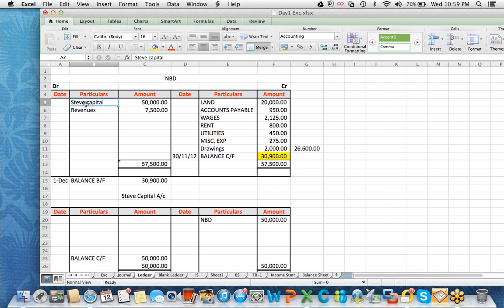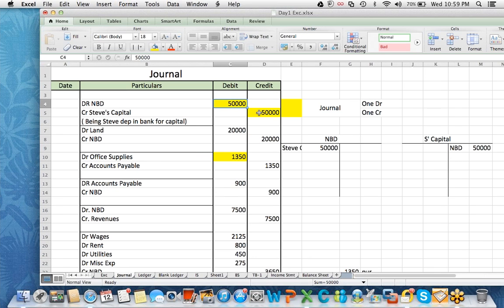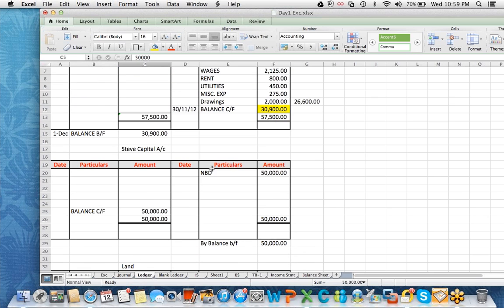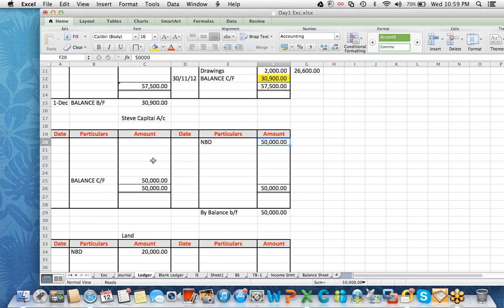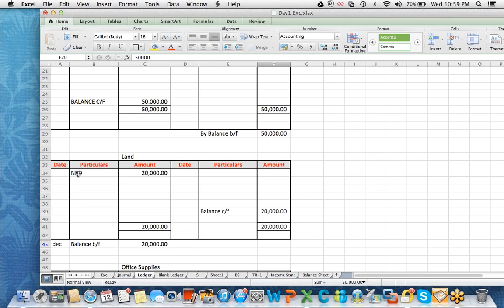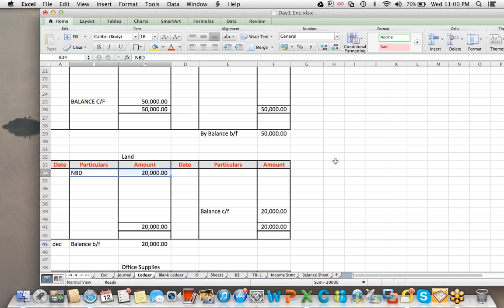NBD account, debit side 50,000, and Steve's capital account, credit side 50,000. Next account, land account. For each and everything, there must be a ledger, no? Yes, each and everything must be posted, otherwise you will not get a trial balance tallied.